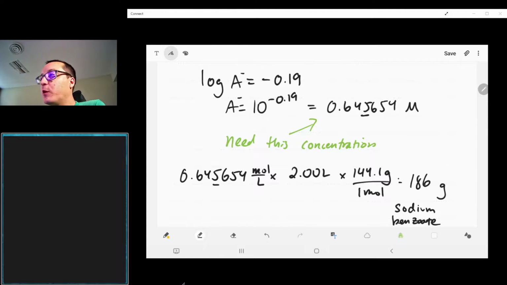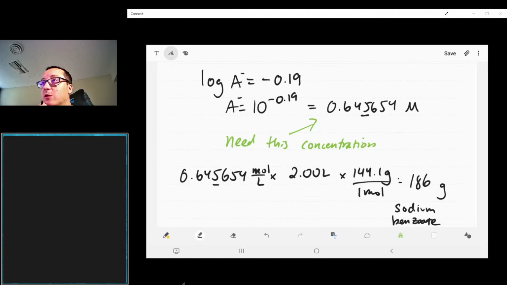All right, so if we were asked to figure out how much of something we would need, this is one way we could do it. So using the Henderson-Hasselbalch equation, we can figure out the concentration of the base we need, or the acid, depending what you're given in the problem.